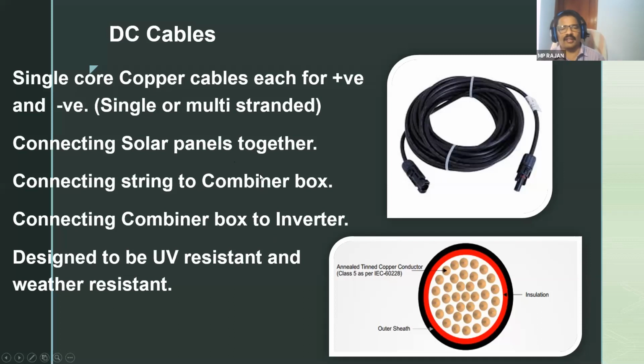It can be single strand or multi-strand, but the core type is single core only. So this is one positive wire, and likewise one negative wire will be there. Here is the copper conductor, the insulation in red color, and to protect from mechanical problems, this is the outer sheet.